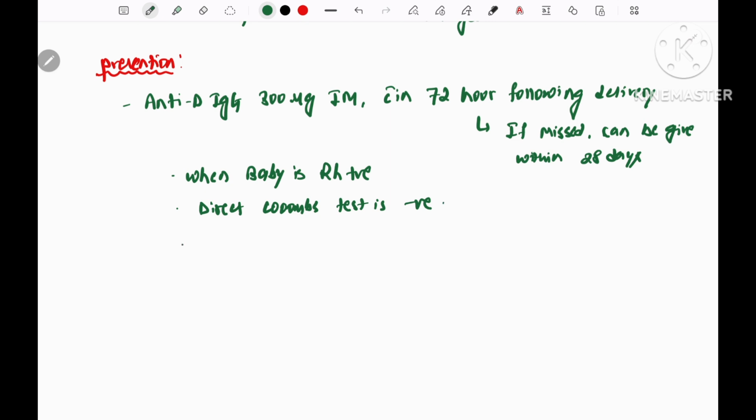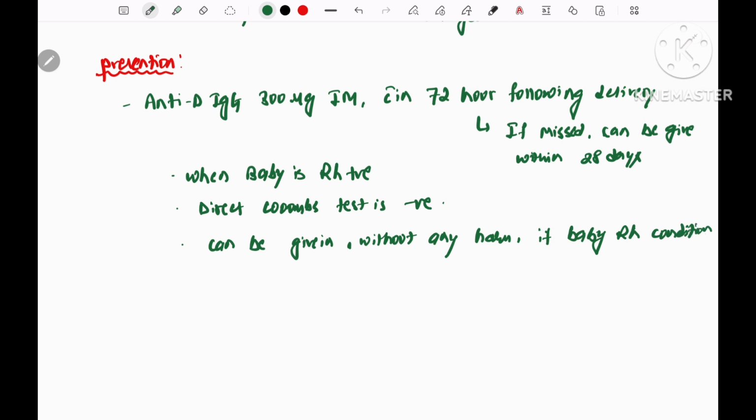When the baby's Rh condition cannot be determined, we can give this anti-D without any harm.